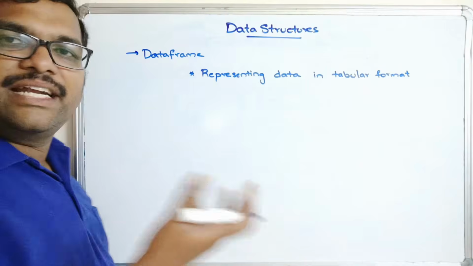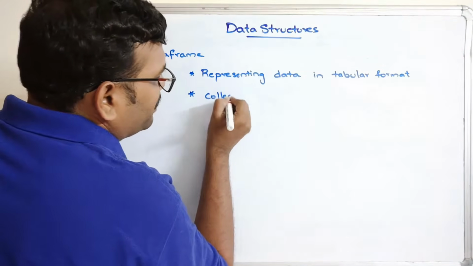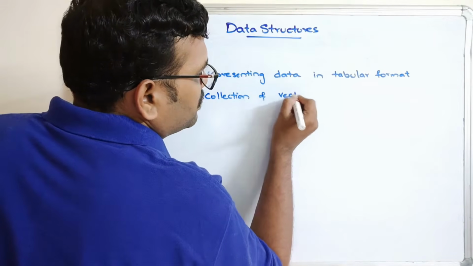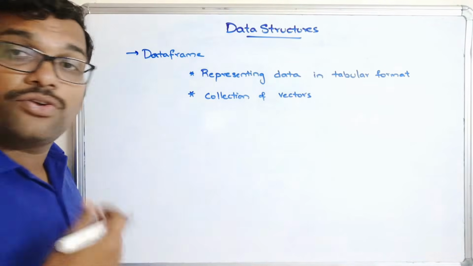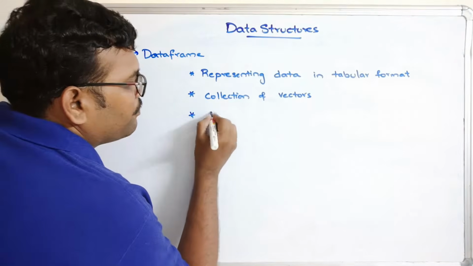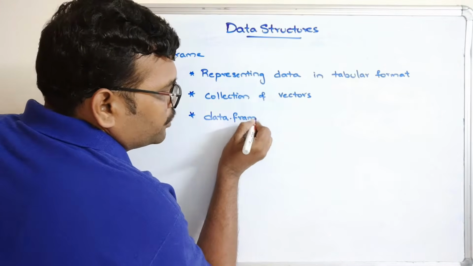So it forms a table, right? It can be a collection of vectors. For this we have to use a function called the data.frame function.